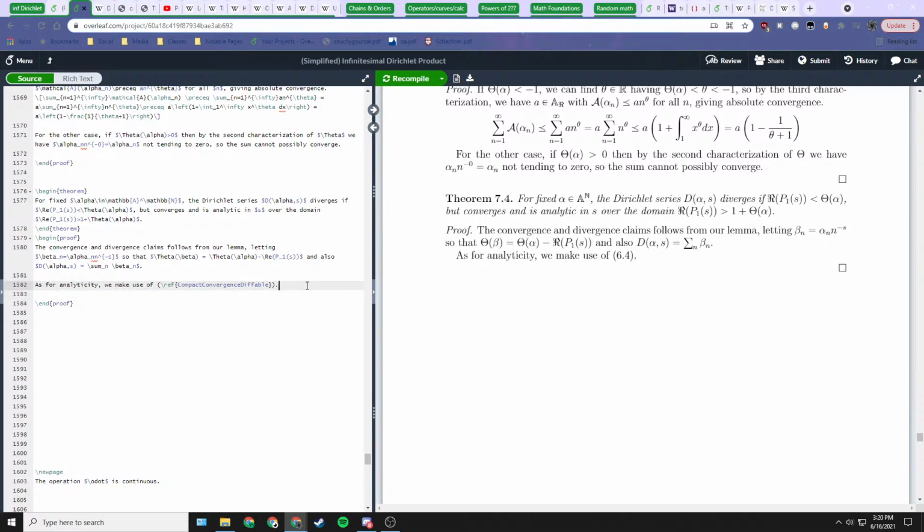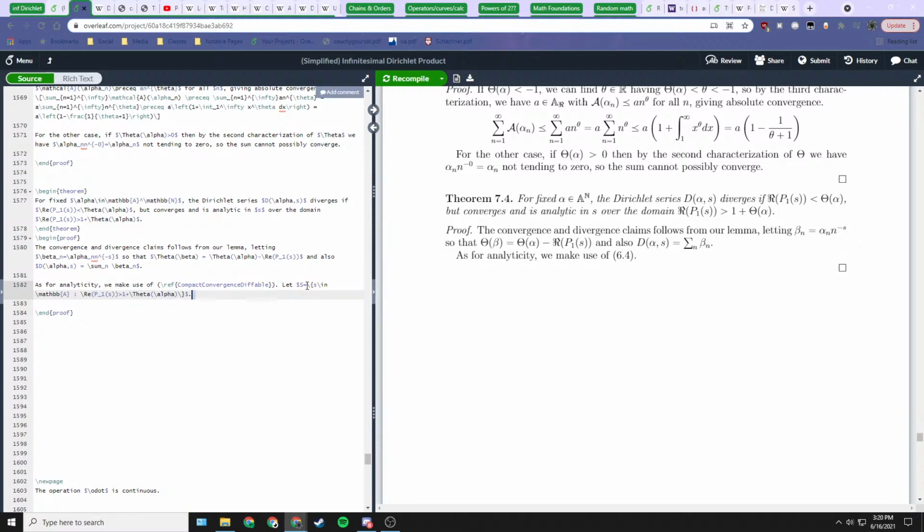So we're going to make use of 6.4. First, we'll say let S be the set of lowercase s in A such that the real part of P1 of S is strictly greater than 1 plus theta of alpha.